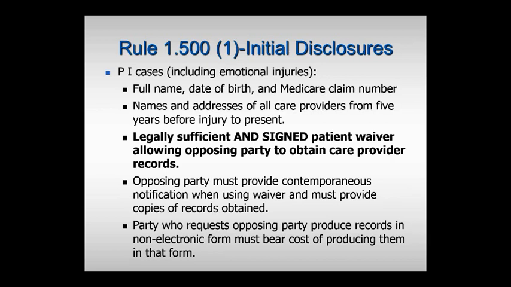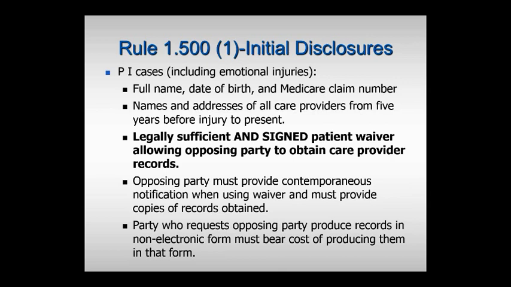But here, under the new rule, you don't have to ask for this in order to get it. And if you're plaintiff, you don't have the right to wait to be asked. This is part of the process at the beginning of your lawsuit.